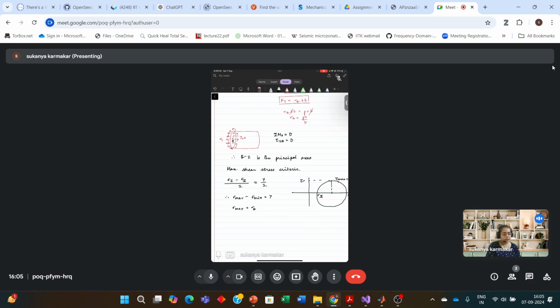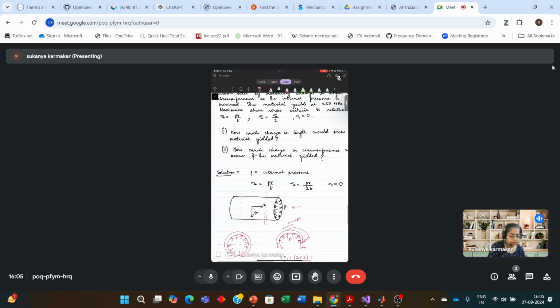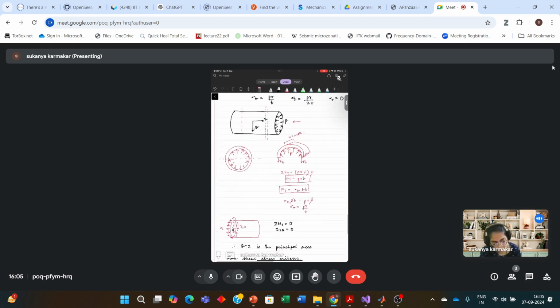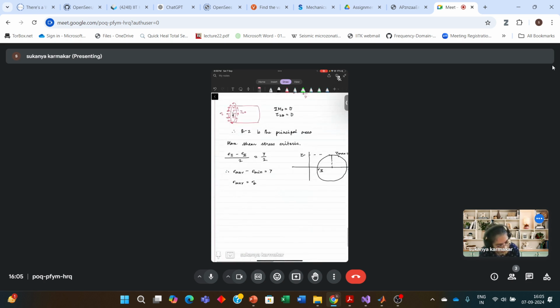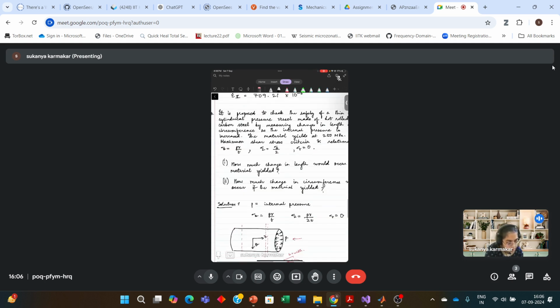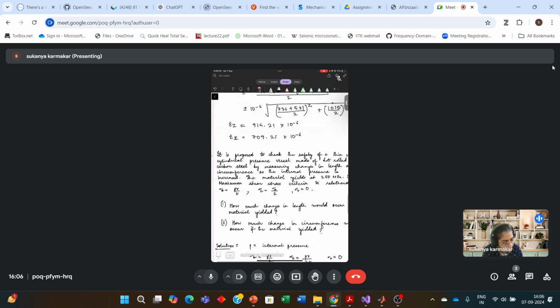What do I finally need to calculate? Finally, you need to calculate these two quantities. So sigma minimum is nothing but sigma r. Okay. So from this condition, we can tell sigma theta minus 0 is Y. Y is nothing but the yield stress of the material, which is 250 MPa.